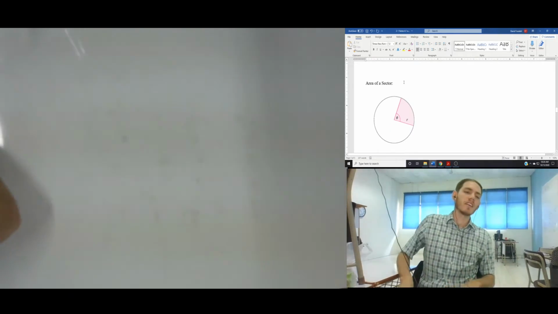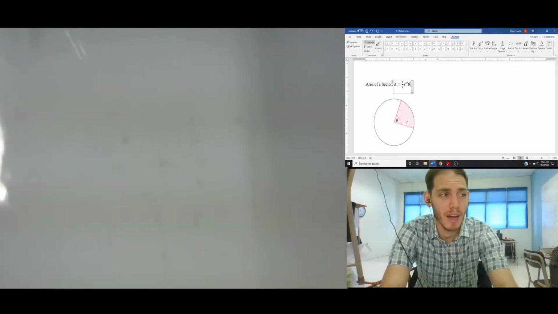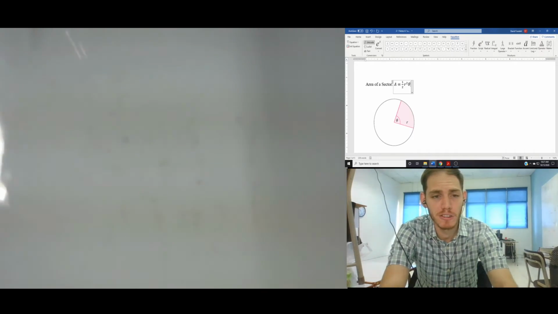Okay, area of a sector. The formula for area of a sector is going to be quite important. So it's going to be A equals 1/2 r squared times theta. This might remind you of pi r squared. Theta is going to be the angle.